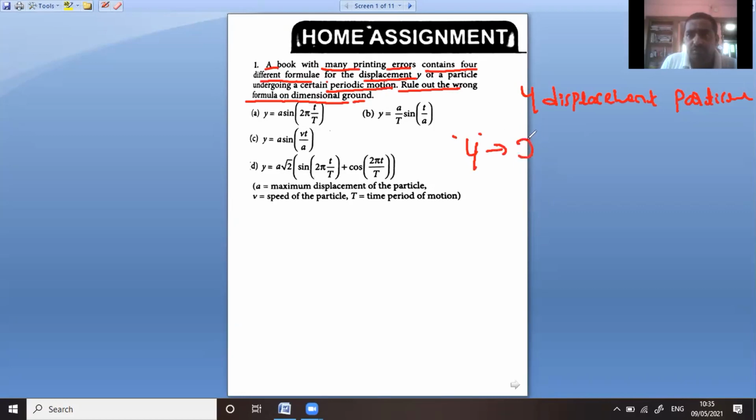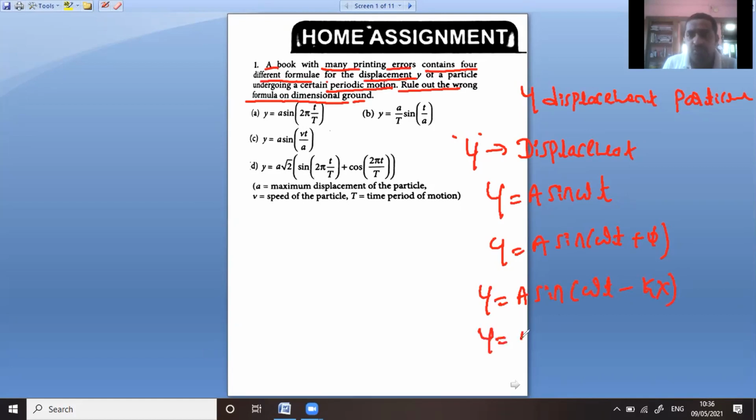Okay, so the displacement of the particle is given in the form of y is equal to a sine omega t, or y is equal to a sine omega t plus phi, or y is equal to a sine omega t minus kx.